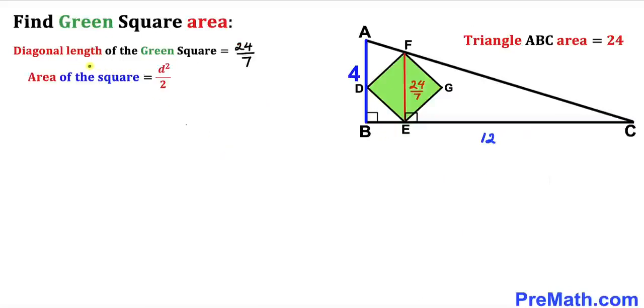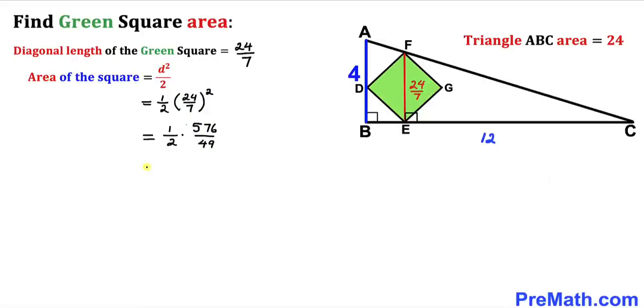And now let's recall the area of a square formula. Area equals d squared divided by 2. And in our case, our diagonal length d value is 24 divided by 7. So therefore I can write this as 1 divided by 2 outside, times 24 divided by 7 whole squared. And we know 24 divided by 7 squared is 576 divided by 49.